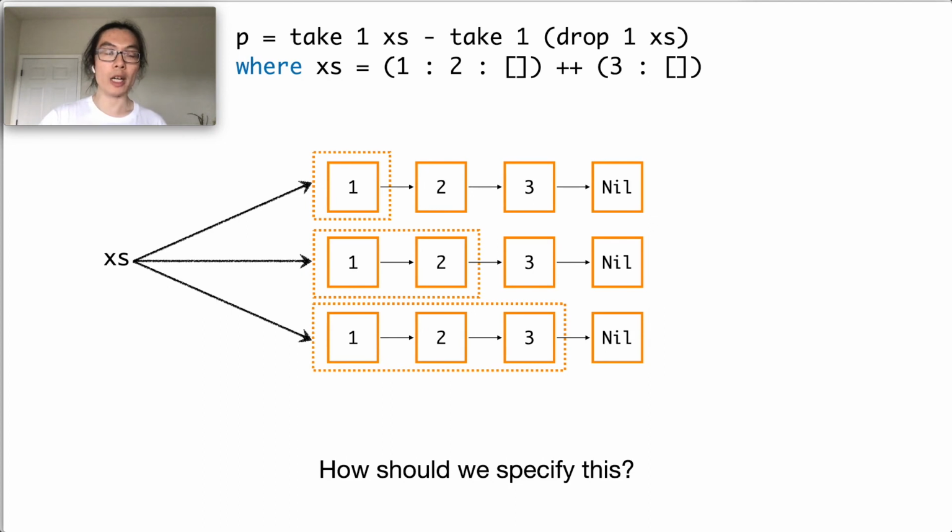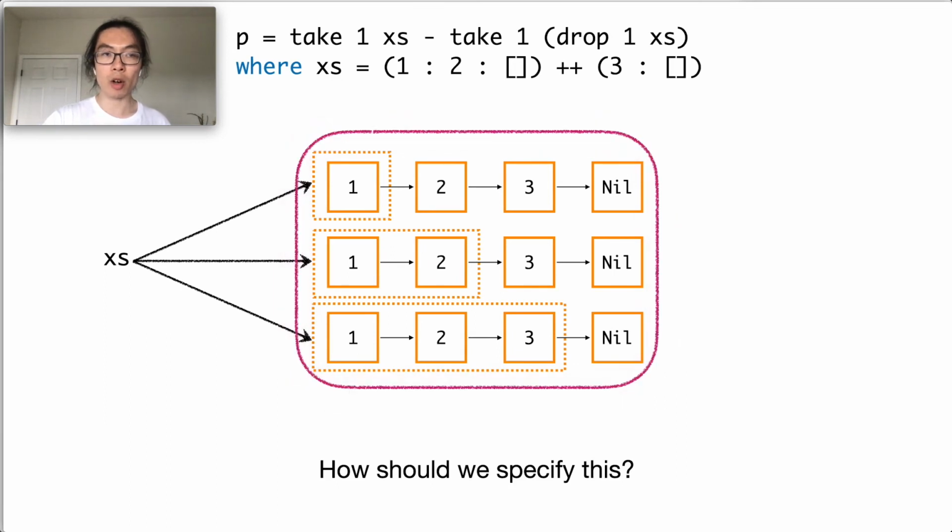The typical way of specifying a program is based on over-approximations. In this case, the over-approximation of xs is that the cost is in the range of 1 to 3. And we can apply this specification to reason about p. First, we note that p requires at least the first 2 cells of the list.